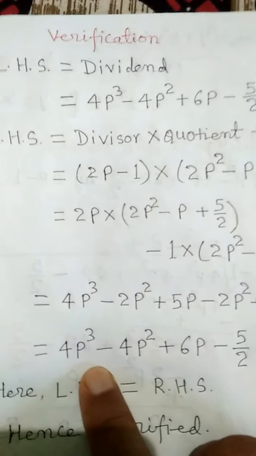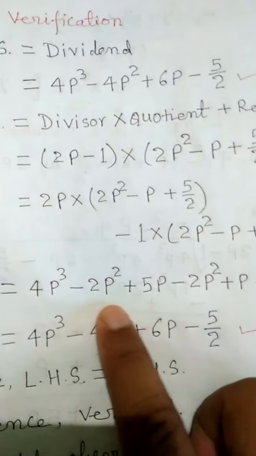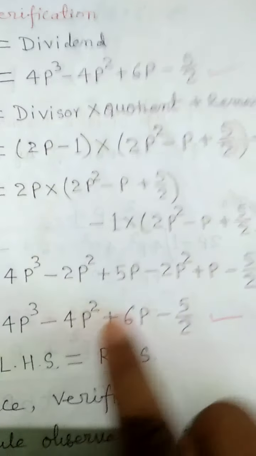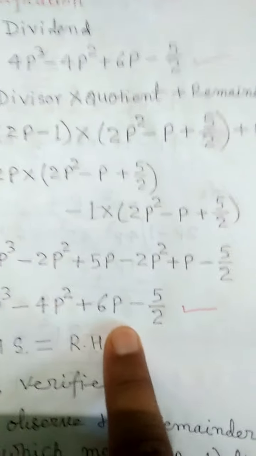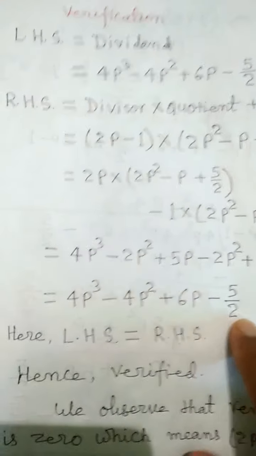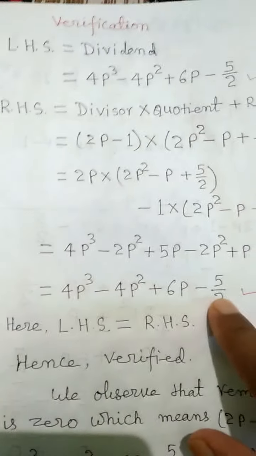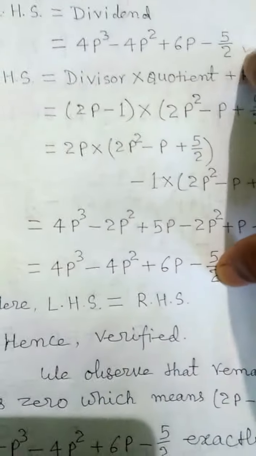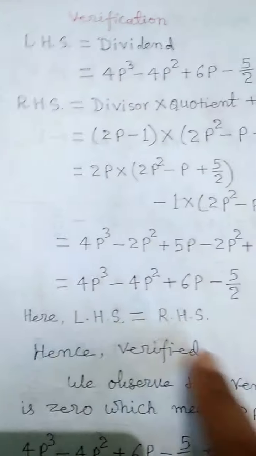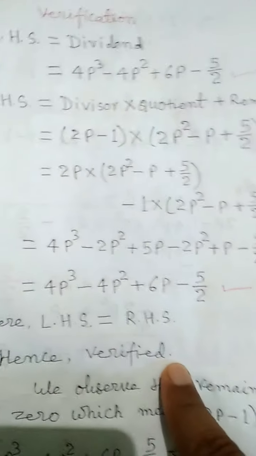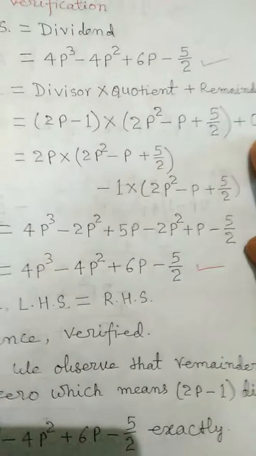We get 4p cube, minus 2p square minus 2p square, that is minus 4p square. 5p plus p, that is 6p, minus 5 by 2. We get the same. Divisor into quotient plus remainder, this part, and the dividend, this part, both are the same. Hence LHS is equal to RHS. Hence verified.